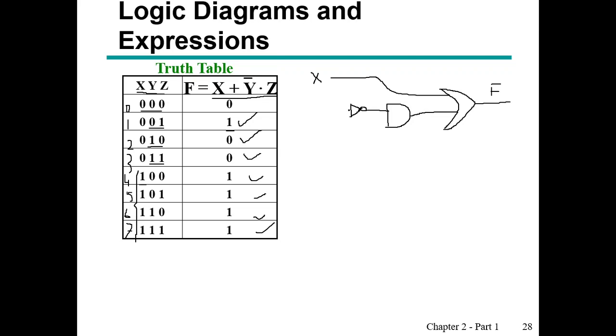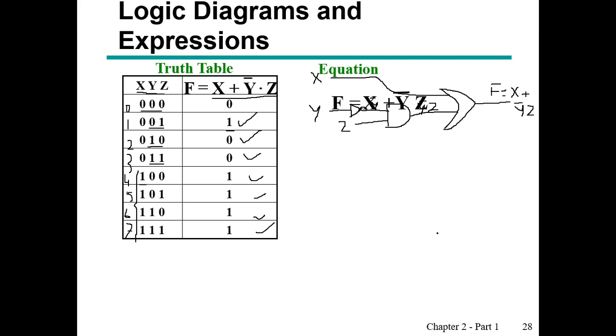Say this is y, so this is y, this would be y prime. Here we will have y prime, and this is z. So here we will have y prime z, and here we will have x or y prime z. So this is how you can implement this simple logic function.